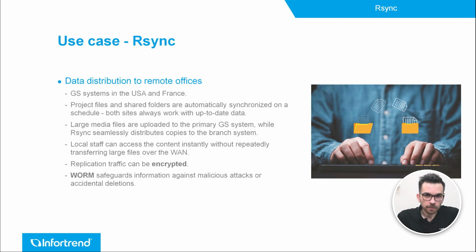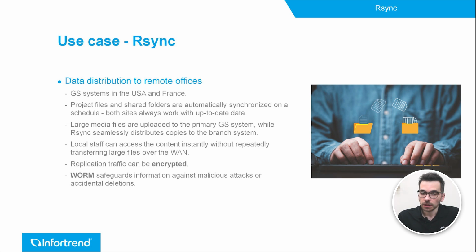The marketing team can upload large media files such as videos and product photos to the primary GS system, while Rsync seamlessly distributes copies to the branch systems. This allows local staff to access the content instantly without repeatedly transferring large files over the WAN.